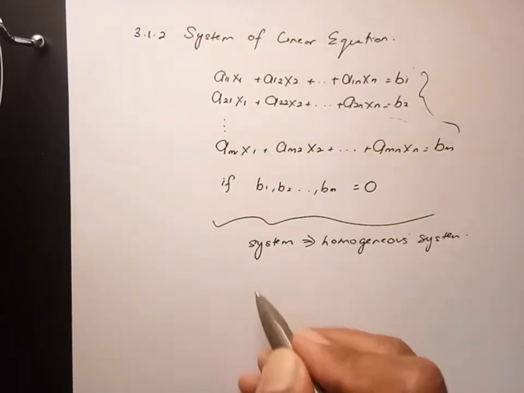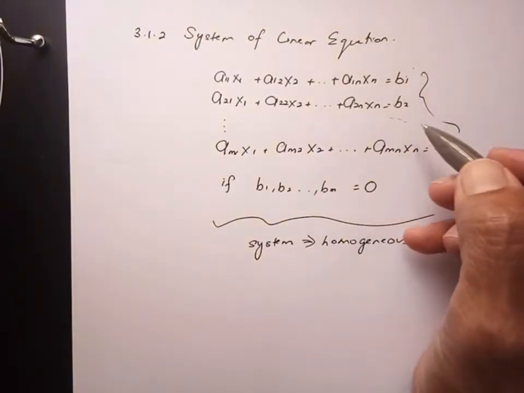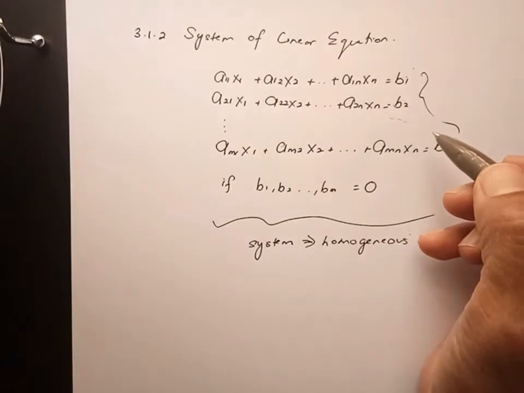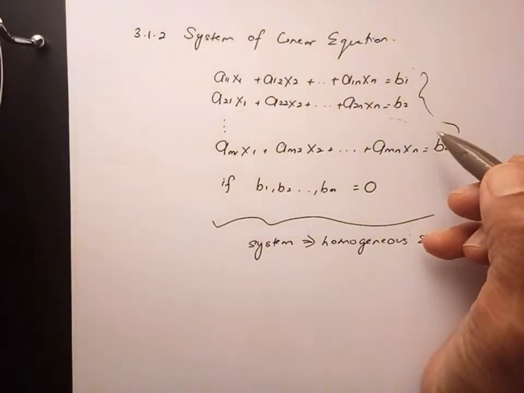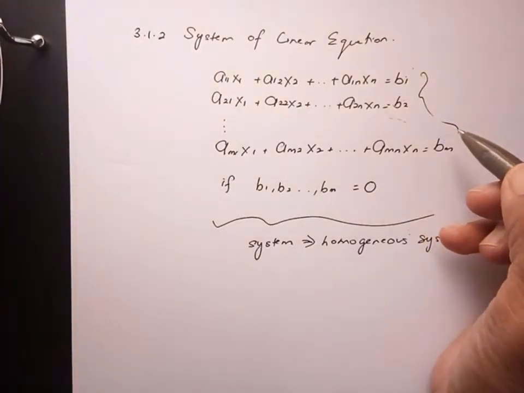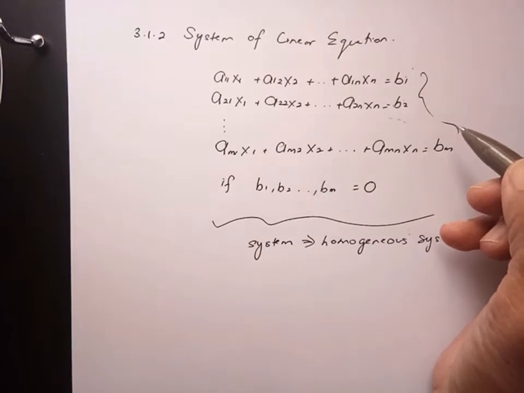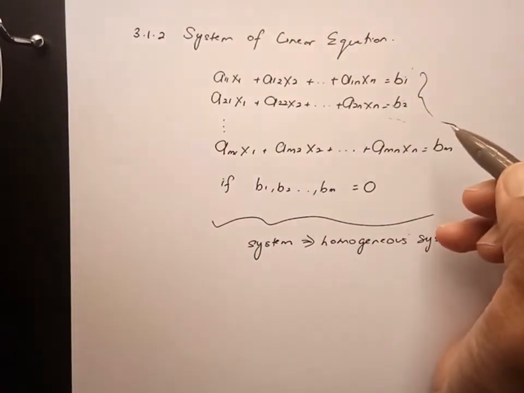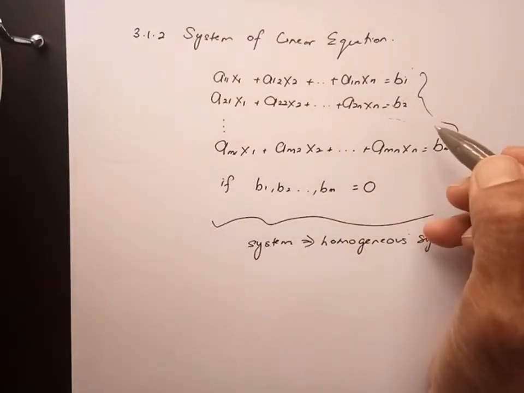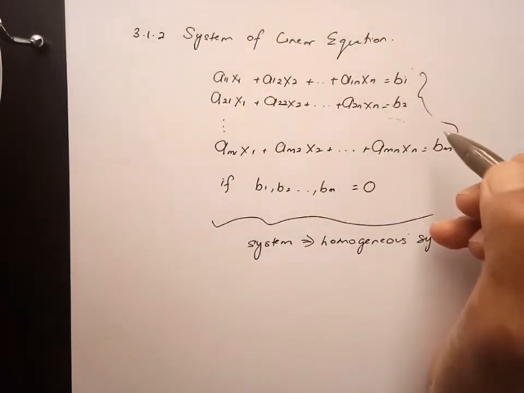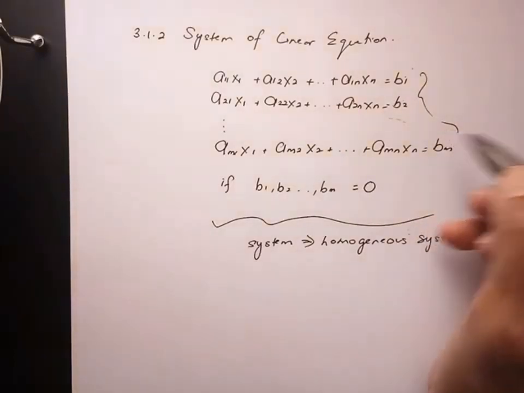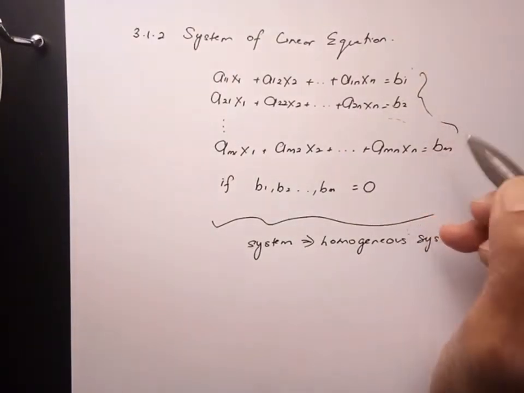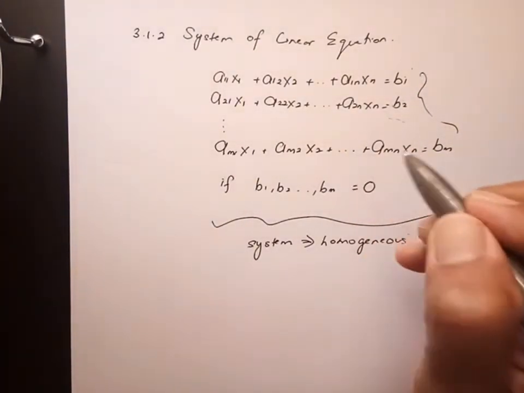Okay, otherwise, if b1, b2, b3 are not all 0, not necessarily each is not 0, any of them can be 0, but not all 0.